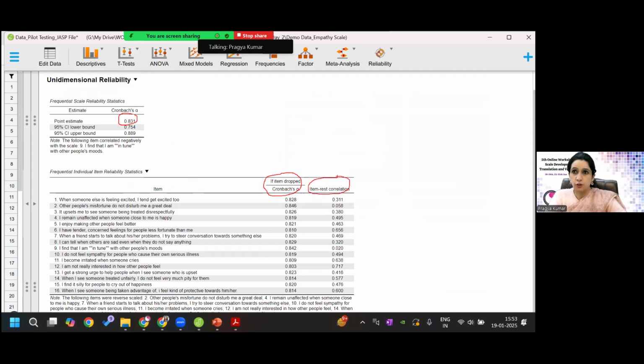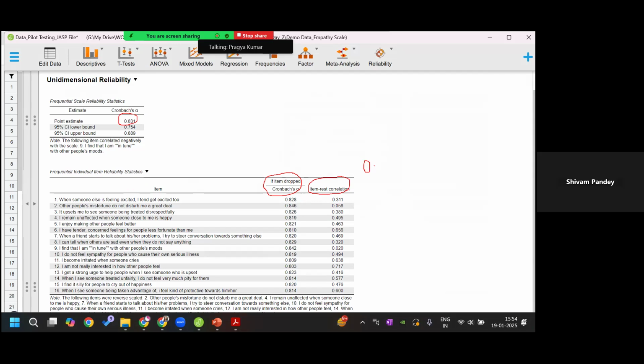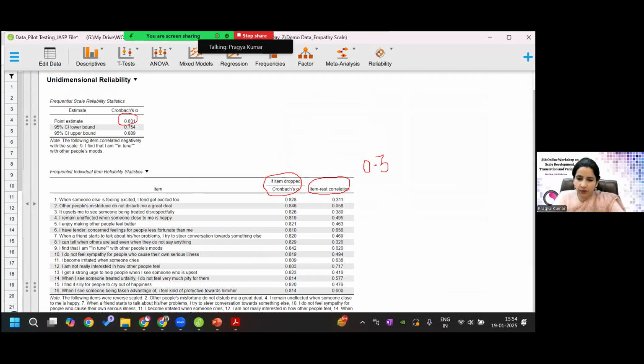What was the value of item-rest correlation which we discussed? What should be the minimum value of this item-rest correlation? Yes? 0.3. Yes, 0.3. Very right. So I have written 0.1. So 0.3 should be the minimum value. So can you tell me which are the items which are not performing well?